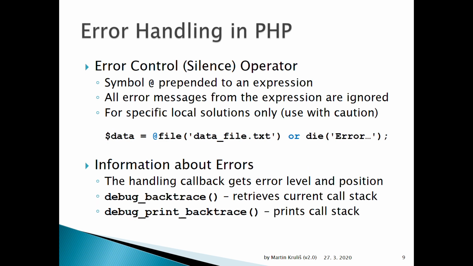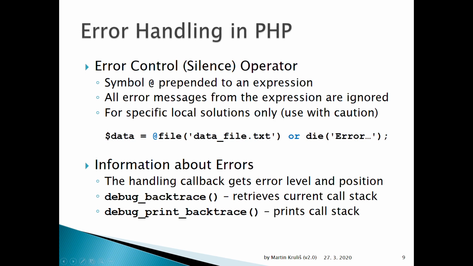Regarding these errors, there is one special operator called a silence operator. It's represented by an @ symbol, and this symbol can be prepended to any expression. If it is, all error messages from this expression are being ignored, are being silenced.